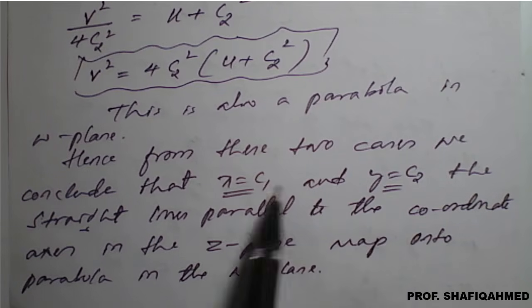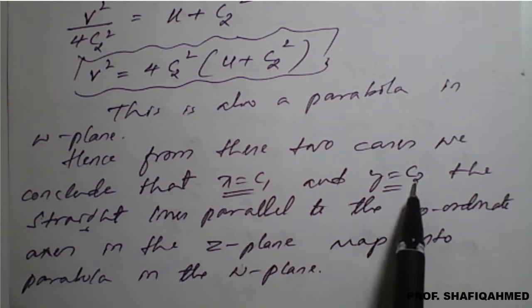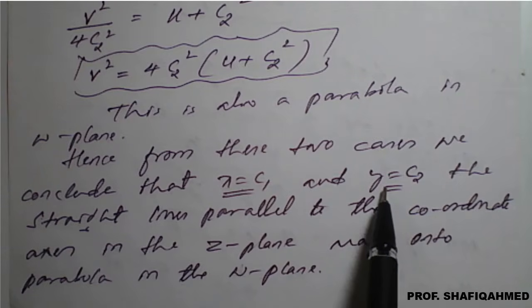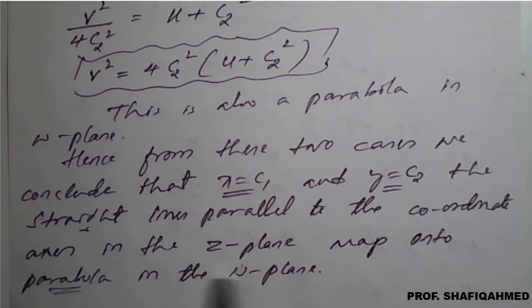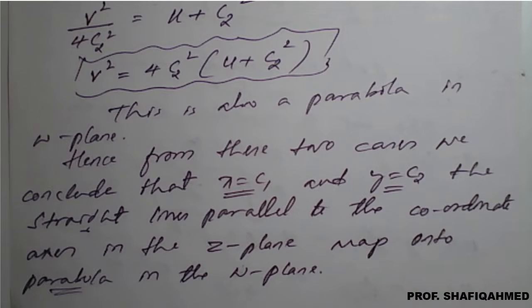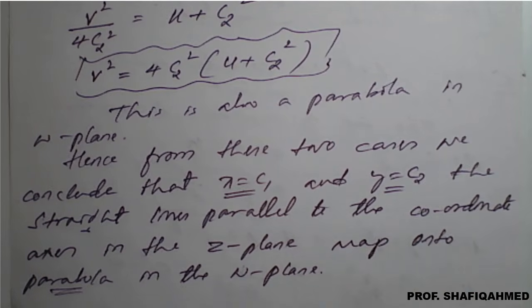So x is equal to c1 is a straight line, y is equal to c2, both are converting to a parabola. I will show a simple rough diagram for this.